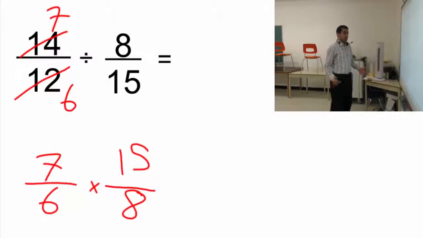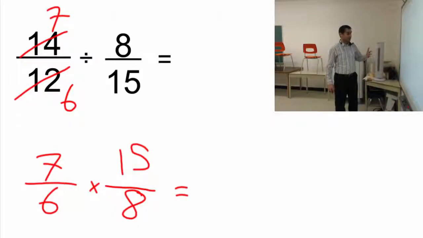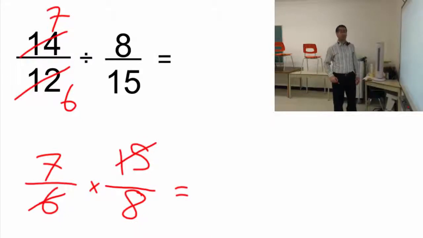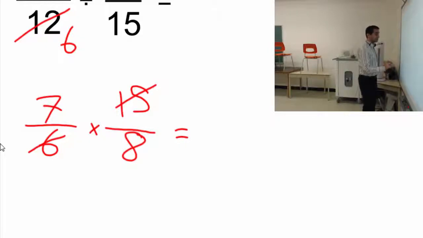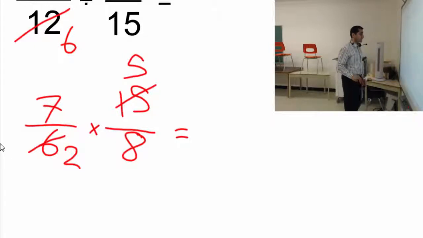So now I'm going to check and see if I can simplify further. And yes, between 6 and 15, I can divide both of them by 3. And when I do that, 6 divided by 3 will give me 2. And 15 divided by 3 will give me 5. And there is nothing else to simplify here.